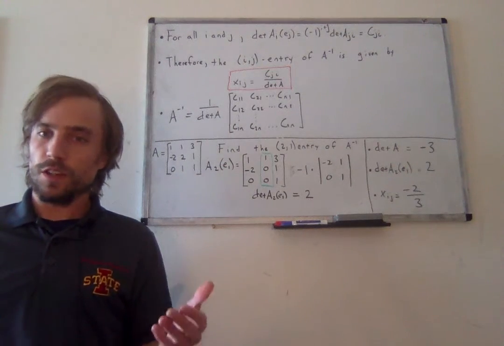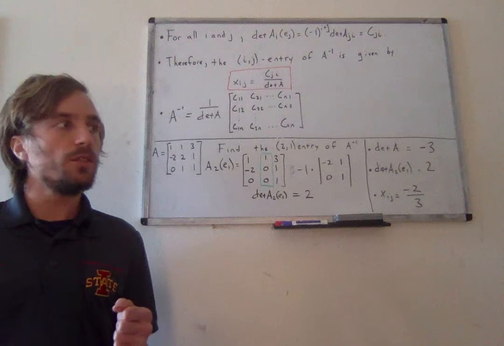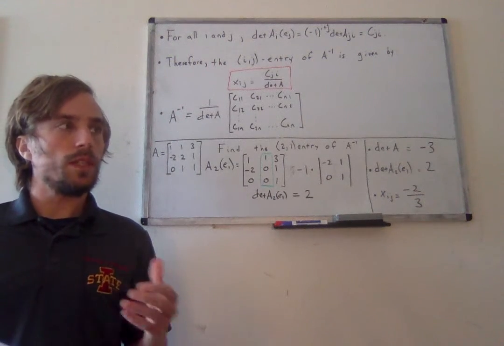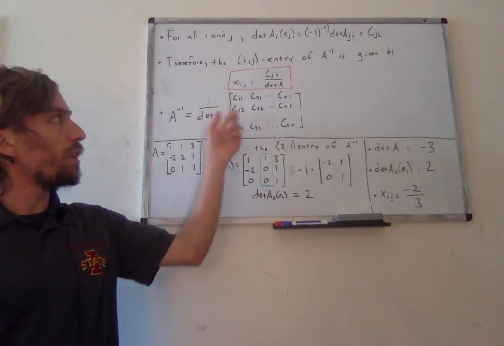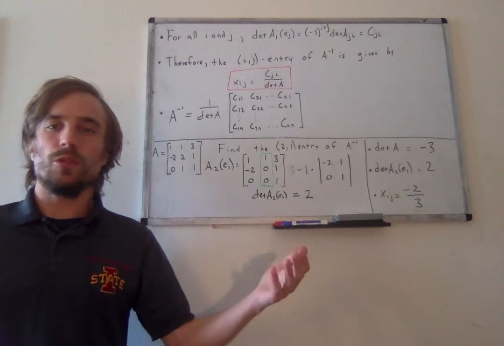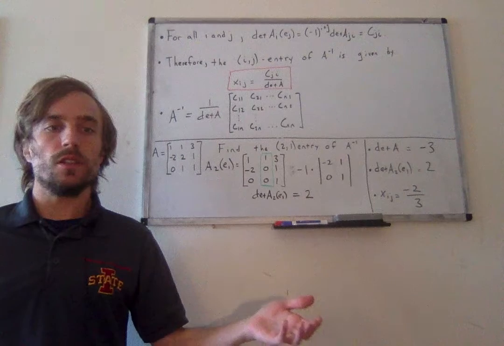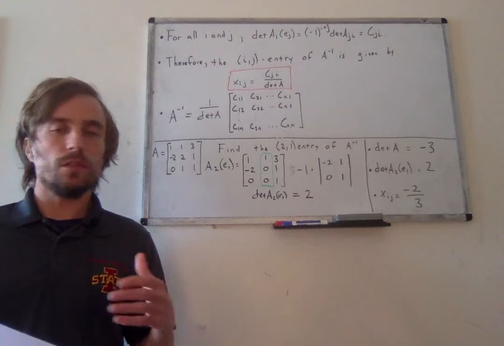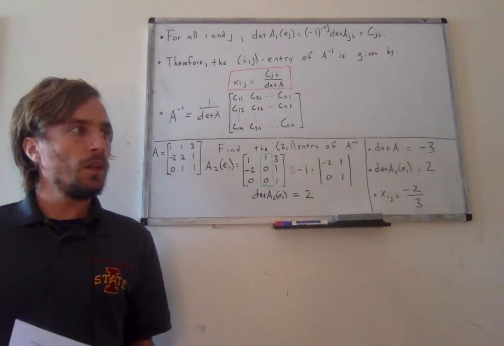Generally, if you're computing the inverse just for the sake of computing the inverse, it is not always optimal. Where this type of thing, using Cramer's rule in this way, can come in handy, as we saw with solving systems of equations in the last example, is some more theoretical applications.